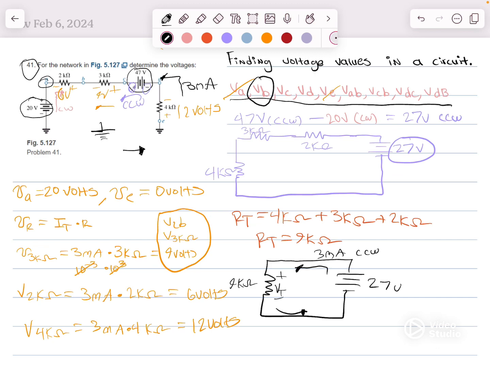Or am I going up in voltage? So we know the current is going counterclockwise and that the voltage is dropping counterclockwise. So we know that B should be higher than A, because we're dropping counterclockwise. And we can also model it with this V 2 kilo ohms is B to A.